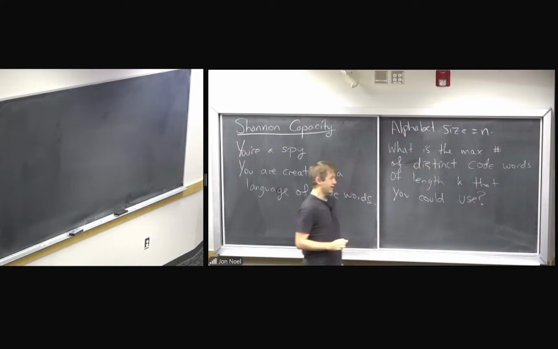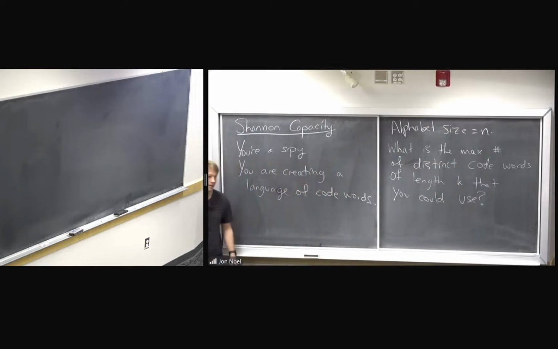This is not a deep question. If you're someone who did your undergrad here, this is a basic Math 222 question. All I'm really asking is how many distinct words are there with an alphabet of size n, where the words have length k.